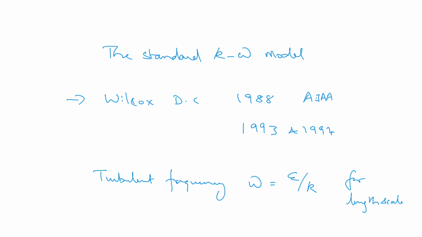The dimension of omega is 1 by second, or in terms of frequency it is hertz. Here the length scale small l is given by root of k divided by omega, and the eddy viscosity nu t is given by k by omega.